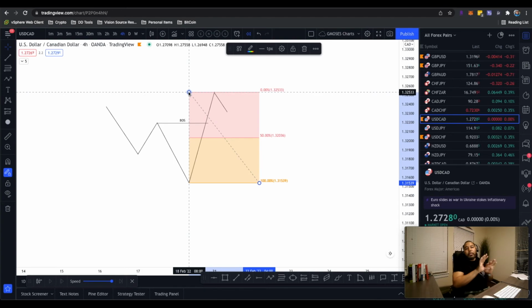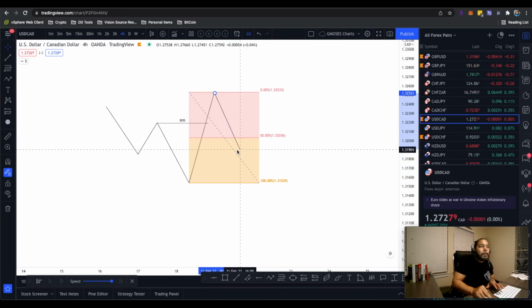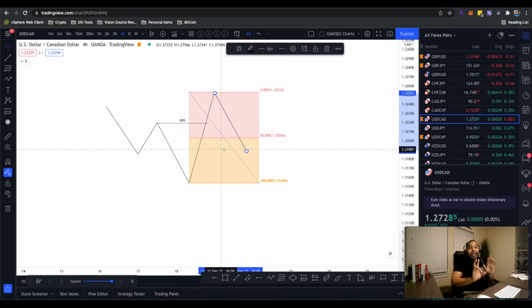And the thing that they're looking for is for price to retrace anywhere from 50% and in this golden area here, this golden zone here, this entire area. And they look at it in 2 different pricing metrics.